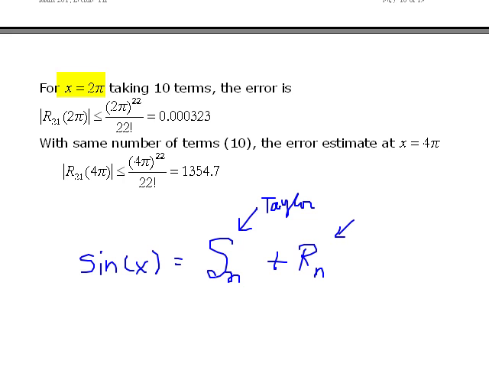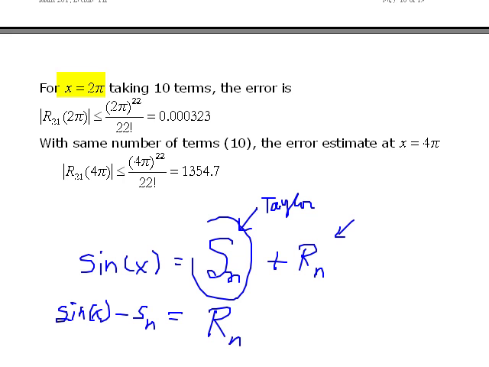If we're only using this much, of course, then we would say the sine of x minus this Taylor expansion, using the first n terms, the difference is going to be this remainder.